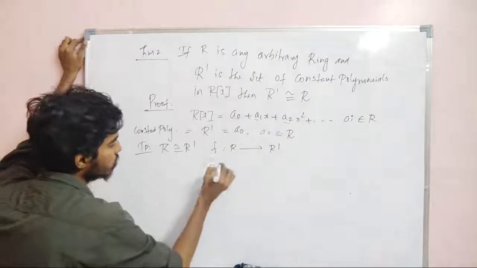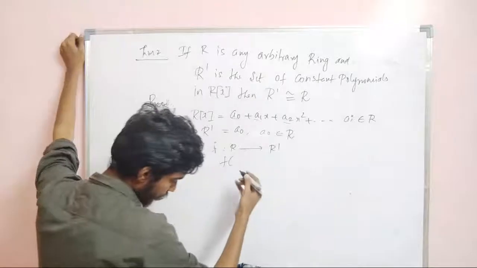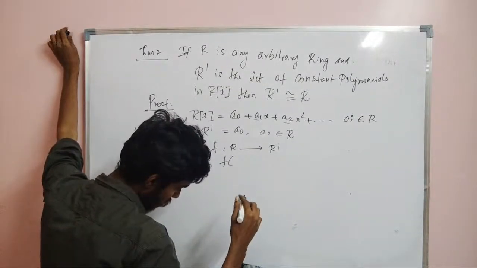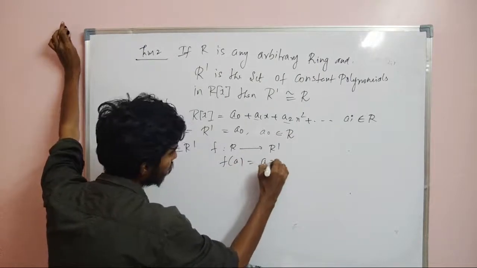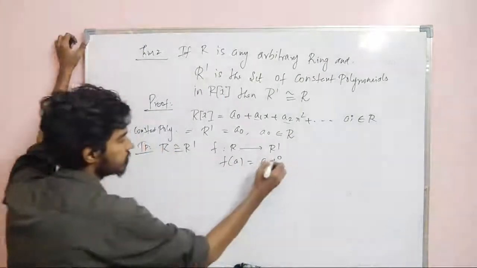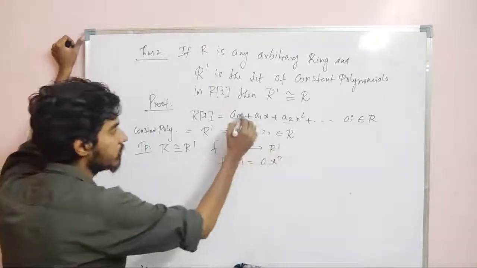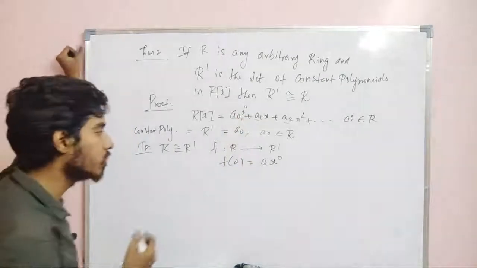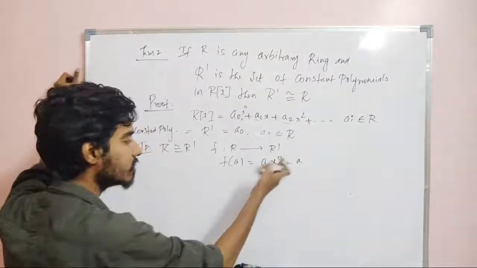So whatever element a you take will move to a x power 0, that's it. Because here we have R dash, constant polynomials, right? This is nothing but x power 0, and x power 0 is nothing but 1. This is the map I'm defining. This is nothing but a, because x power 0 is 1.